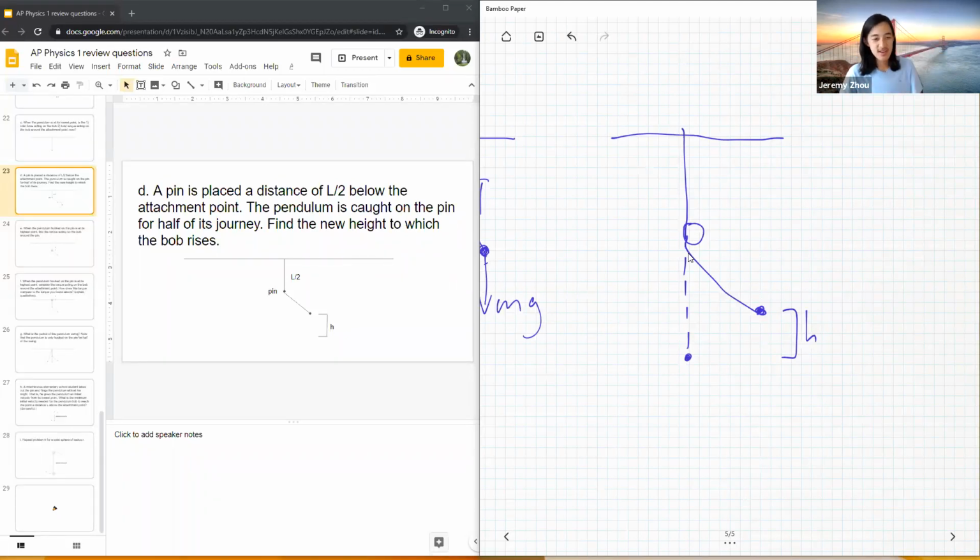The pin can't move, basically. Yeah, so this is conservation of energy. So the height is just the same as the maximum height of the pendulum without the pin. Questions?